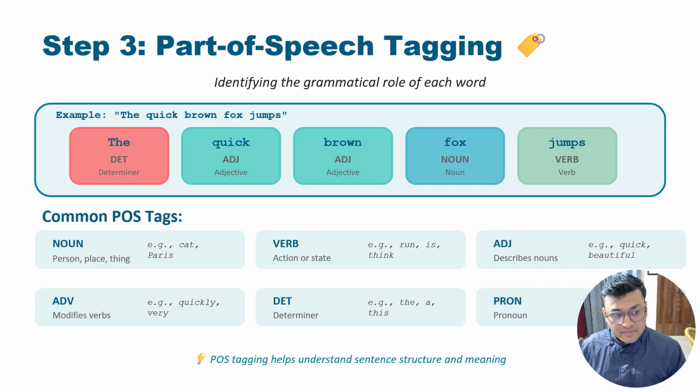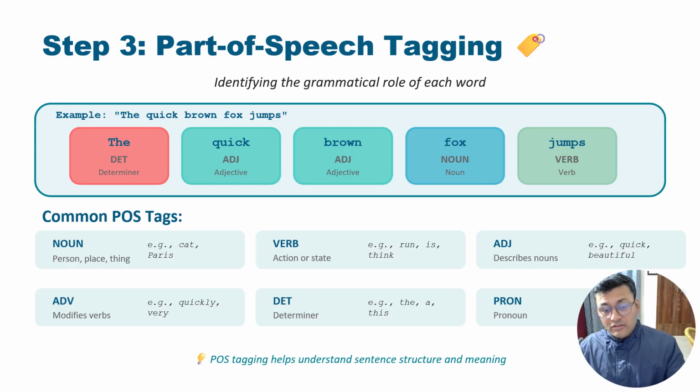Common POS tags, for an example: if you look at parts of speech, you have noun, verb, adjective, then you have determiner, and then you have pronoun. There is an example I've quoted. Paris is a place and location, that is a noun again. Person, place, or thing. Action or state is a verb.